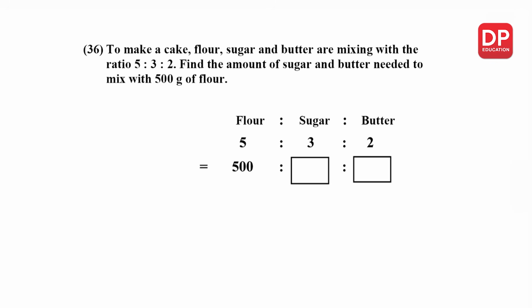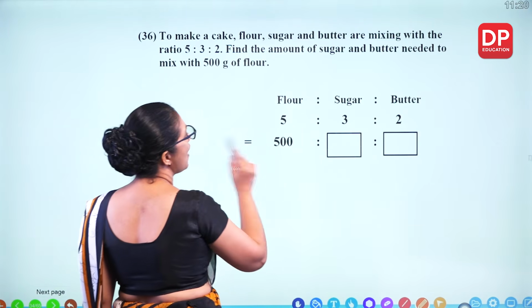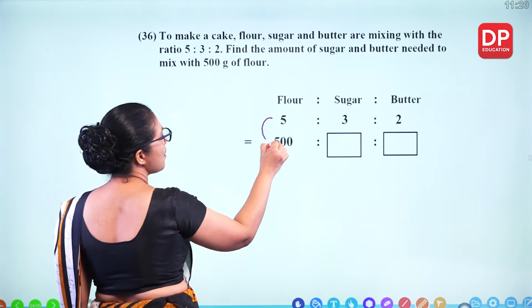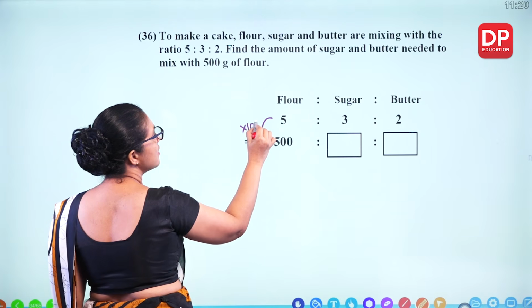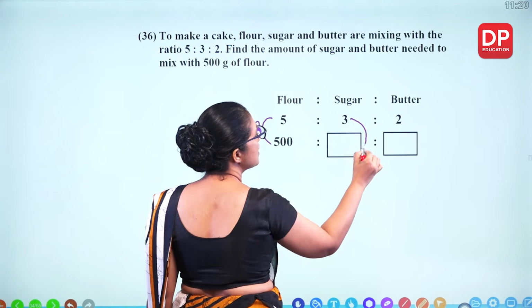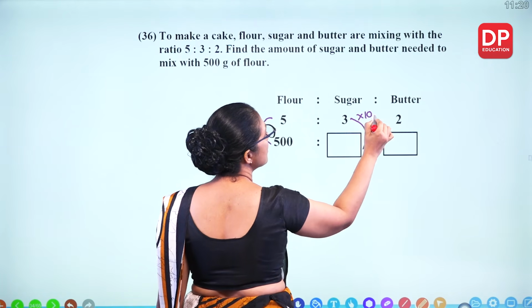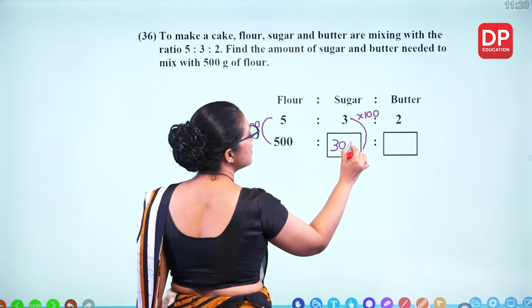To make a cake, flour, sugar and butter are mixed with the ratio 5:3:2. Find the amount of sugar and butter needed to mix with 500 grams of flour. So this becomes 500. Multiply by 100. Do the same thing. Multiply by 100. You get 300 here.